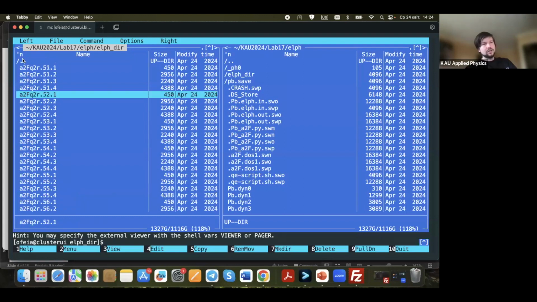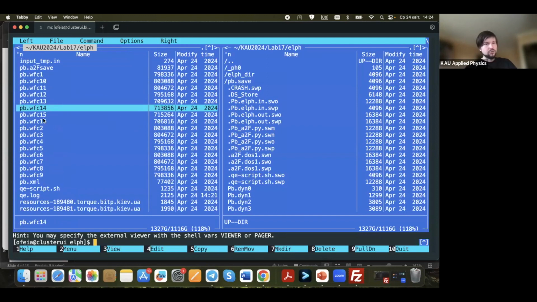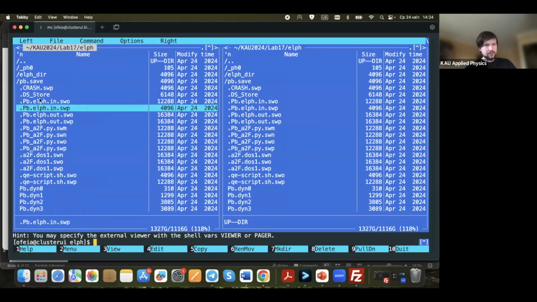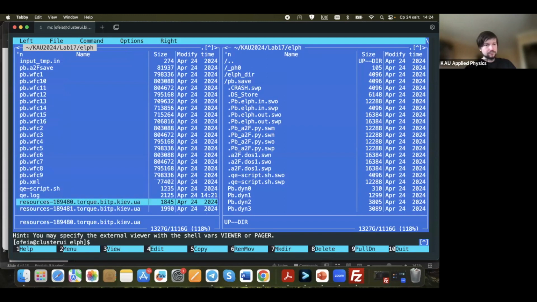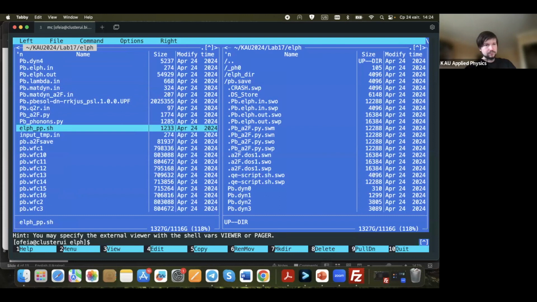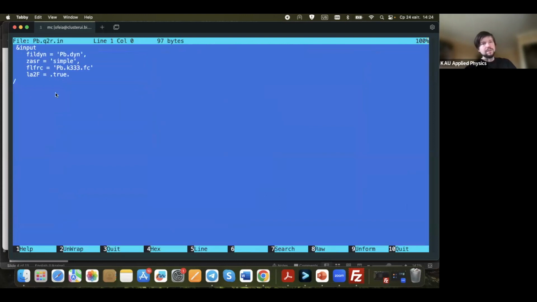But it's all in reciprocal space. Now we have to make this Q2R calculation. It is the same as the Q2R calculation for normal phonons, except for this parameter.